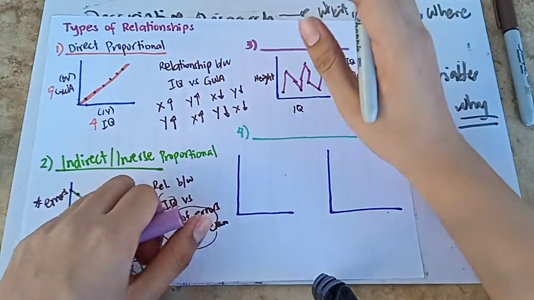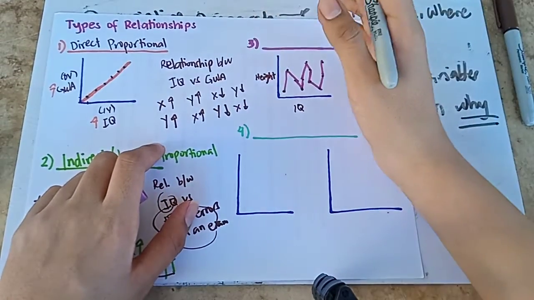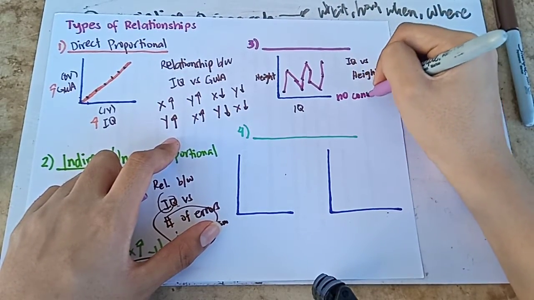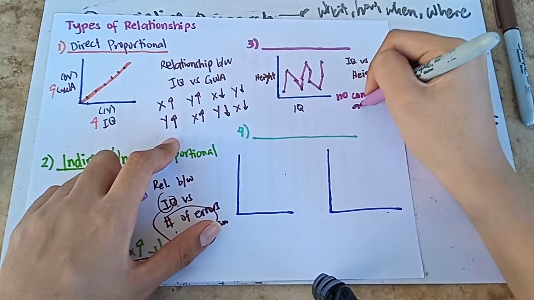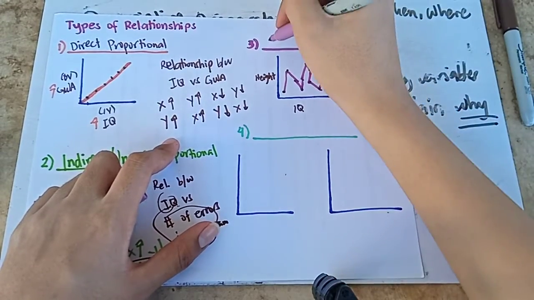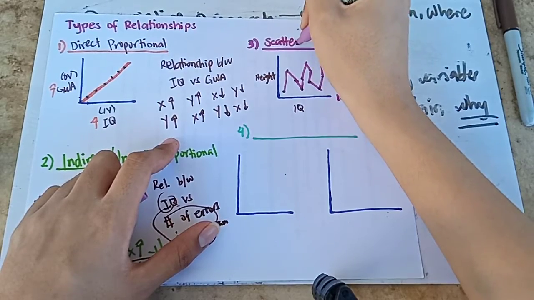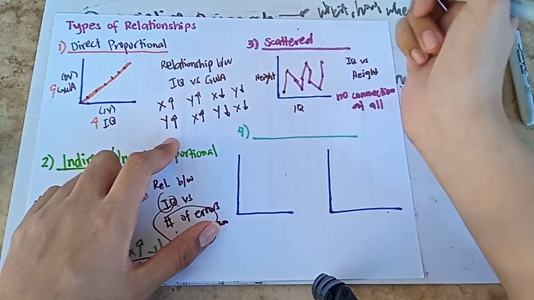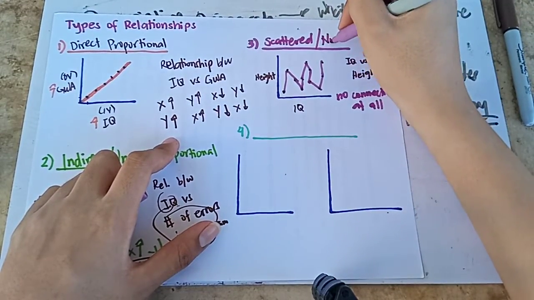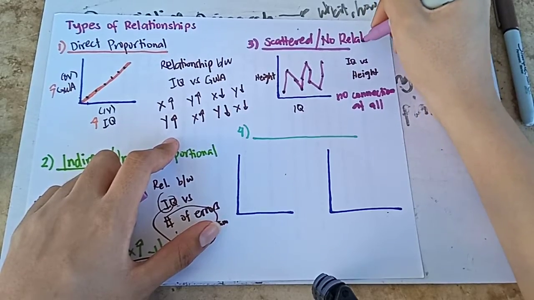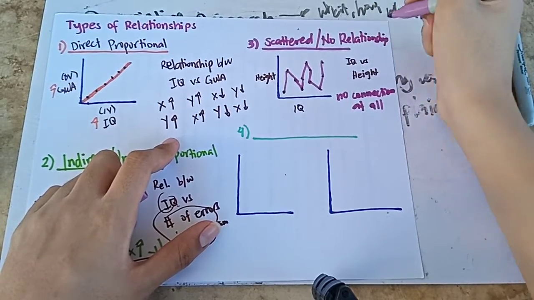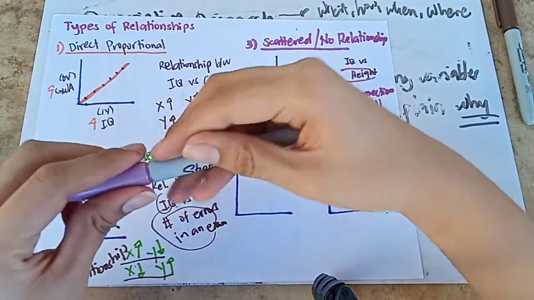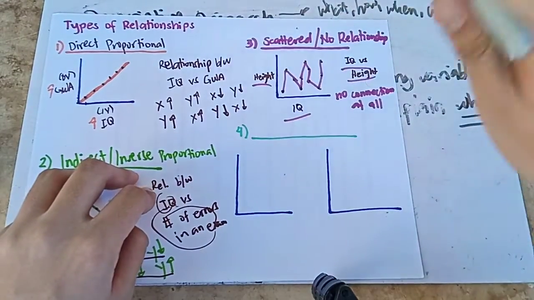Meaning to say, a graph that has no connection at all will be known as a scattered relationship, because the representations are scattered. In a scattered relationship, there is no relationship at all. There is no connection between the two variables. That is the essence of scattered or no relationship.